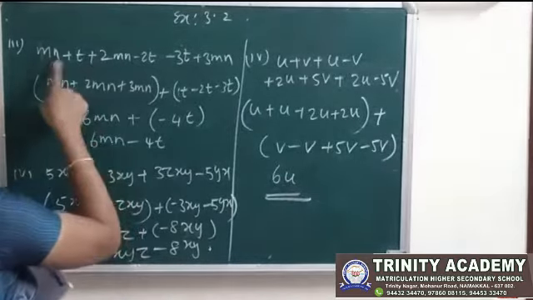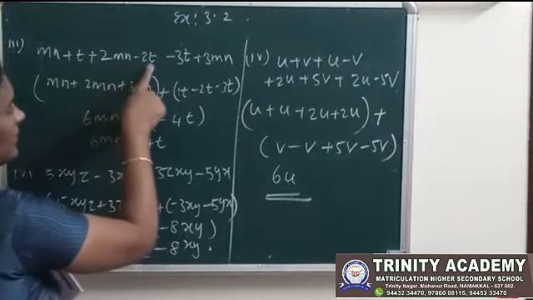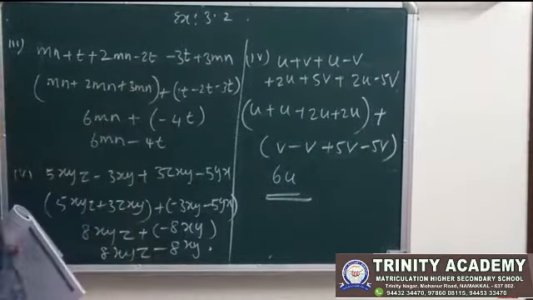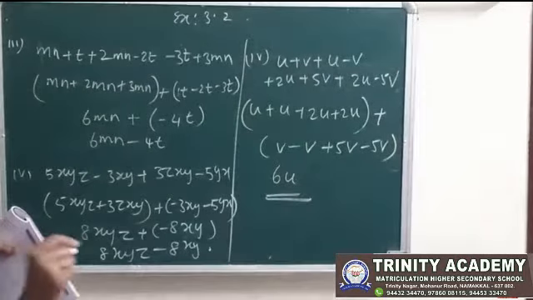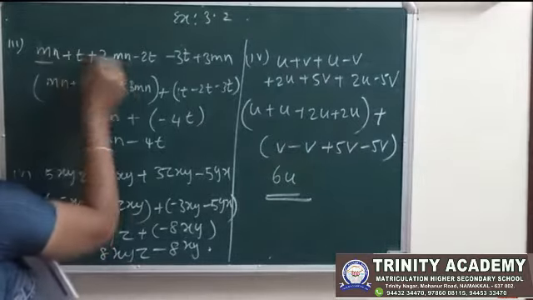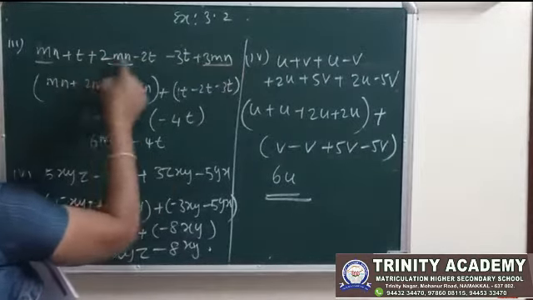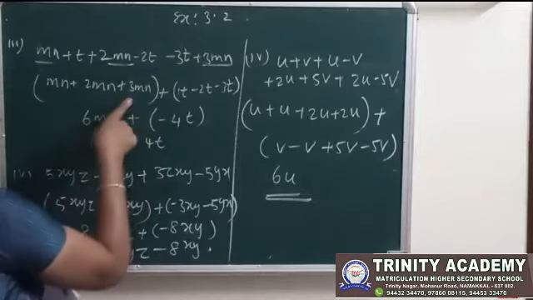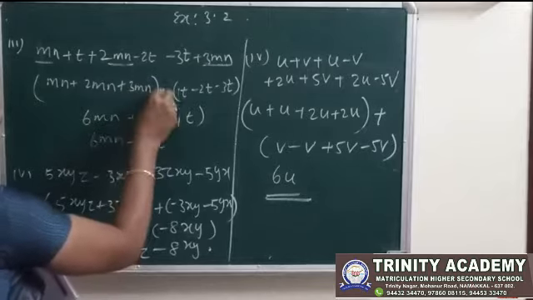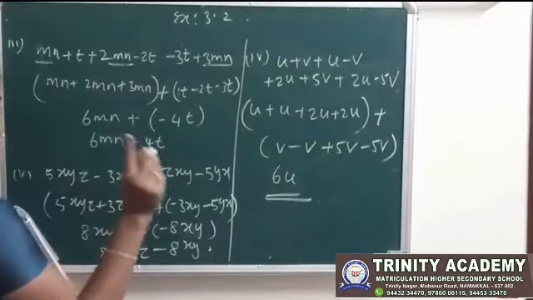Next we add mn plus t plus 2mn minus 2t minus 3t plus 3mn. See, first we group the like terms. See here mn, 2mn, 3mn. These three terms are like terms. First you write mn plus 2mn plus 3mn. When we group the terms, in between you should put a plus sign.